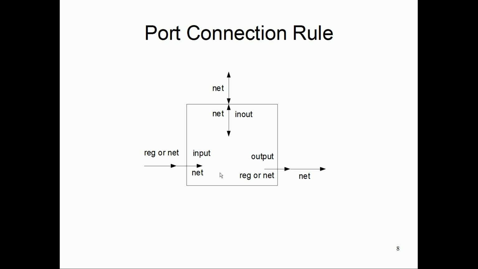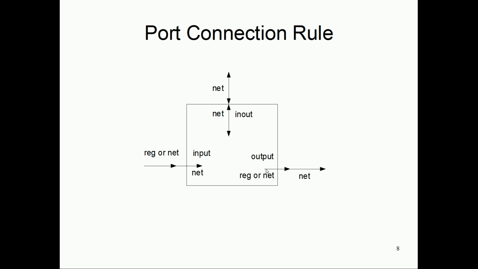Now there is one rule we need to always remember while connecting different logic elements in Verilog, which is which port can be connected to which type of element in the simulator. For example, if this is a top-level block, and it has 3 different ports, like input port, output port, and input-output port.